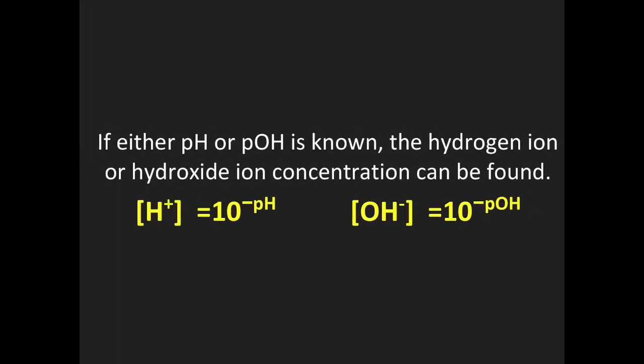So then if you know the pH or the pOH, you can easily find the concentration of your hydrogen ion or your hydroxide ion. That's what you all did in your presentation and your projects. And that's what we're going to look at again today, just to review for any last questions that you may have.